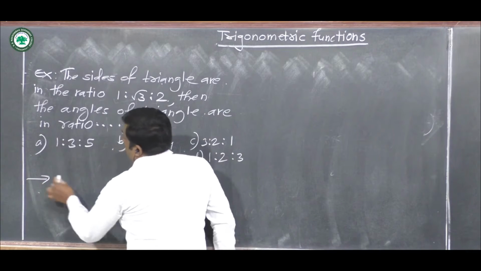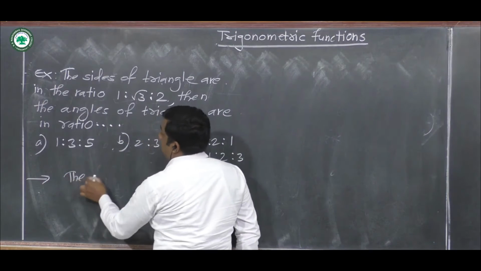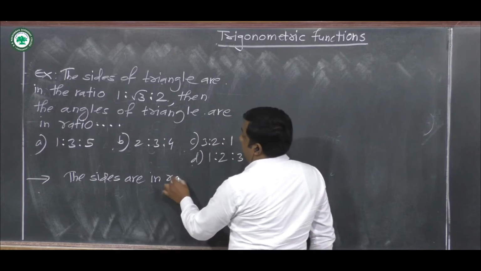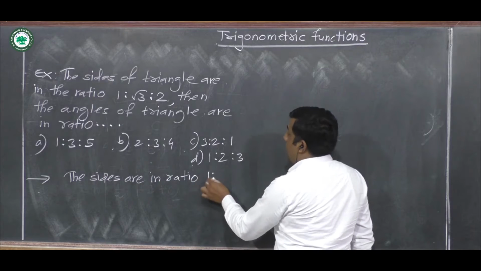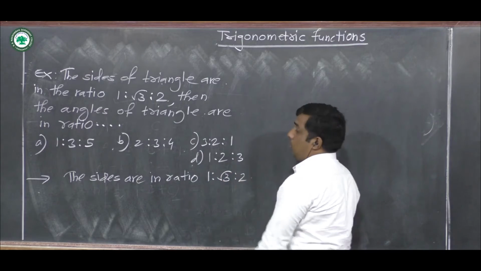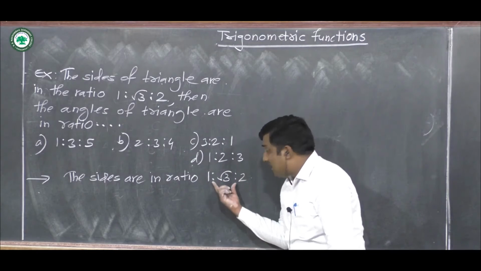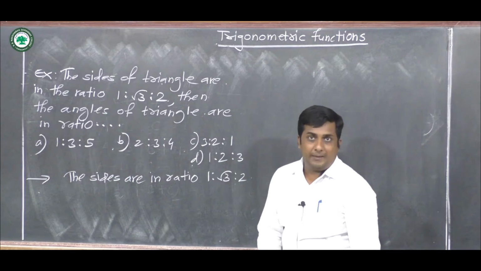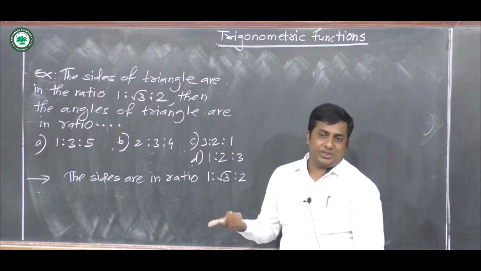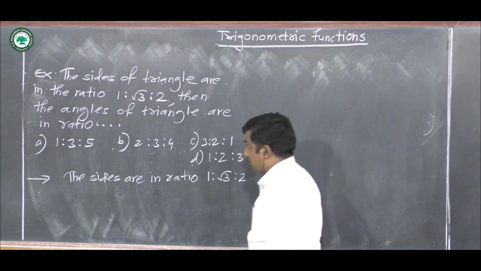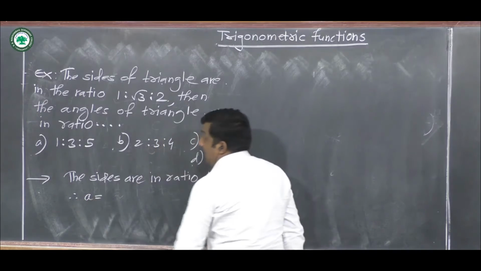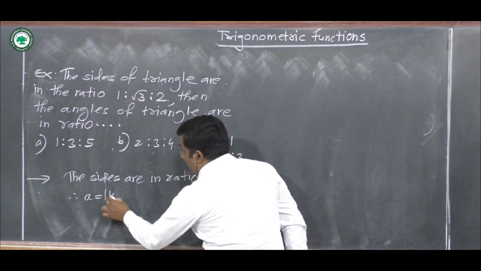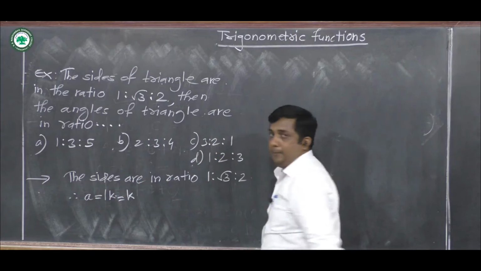Here directly the ratio is given in between the sides of the triangle. Okay, so the sides are in a ratio 1 as to root 3 as to 2. Since these sides are in a ratio, we directly define the length of each side. Suppose k is any constant. Then I write here A is our length of one side and is k, 1 into k means k only.